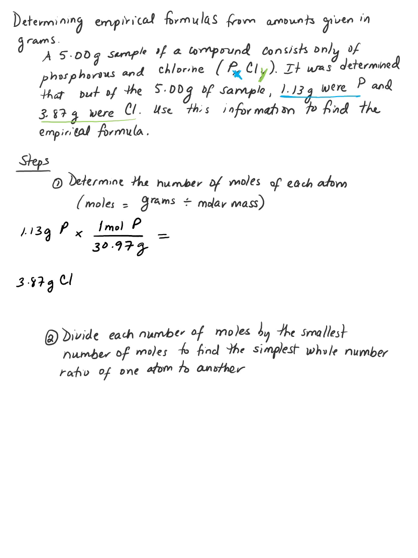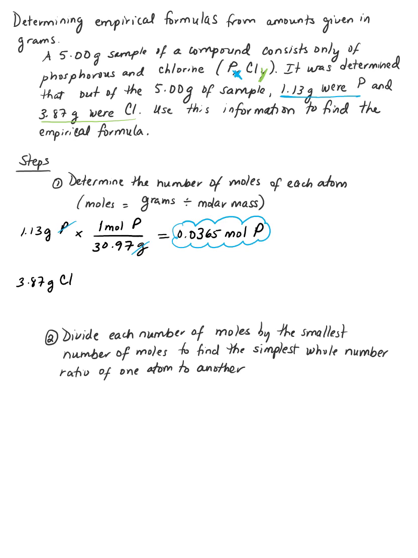That's going to be 1.13 times 1 divided by 30.97. That's 0.0365. You can cancel your grams. So we have here the number of moles of P.